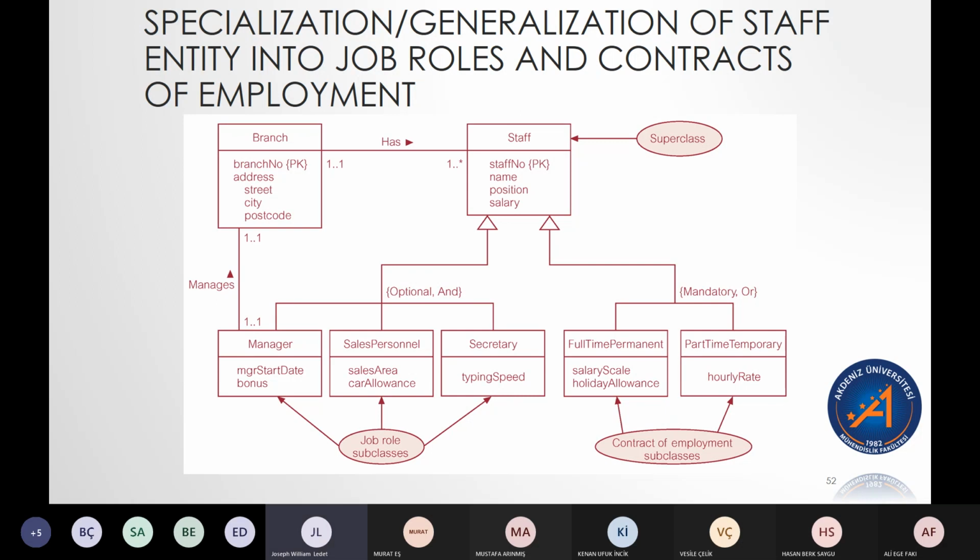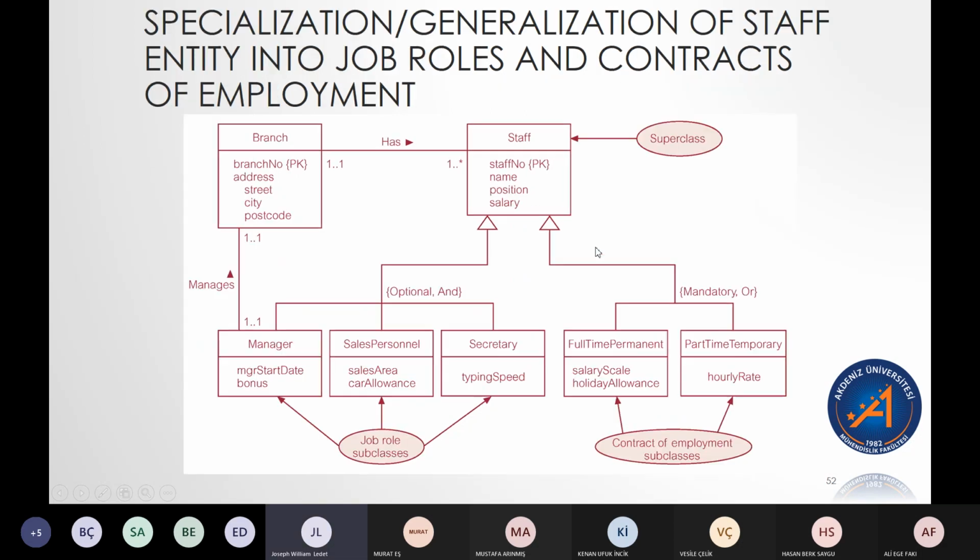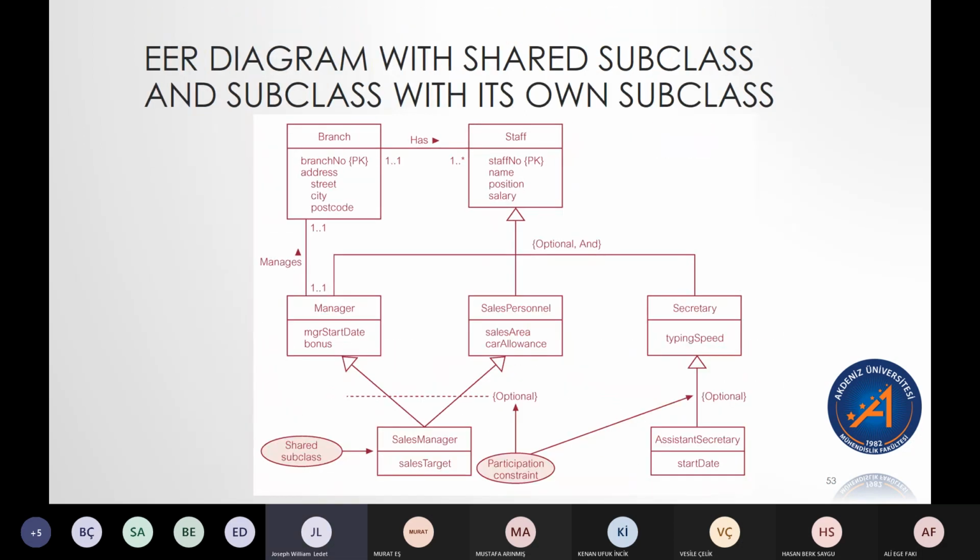All right. So that's optional and, mandatory or. Is there another? Okay. We also have an optional and. Oh, sorry, we already did that, didn't we? Optional and. That makes sense. Here's what I want to say: if a child exists and it's the only child of the parent, then there is no need for the and or the or, right?